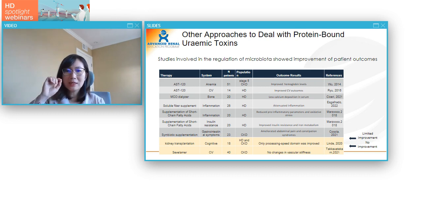I only list those that have shown decreased toxin levels and improved patient outcomes at the same time. As you can tell, some studies showed a success story. Some are not so successful, but overall, I think it's quite a promising direction to go.